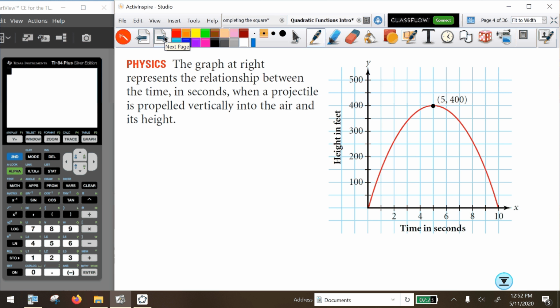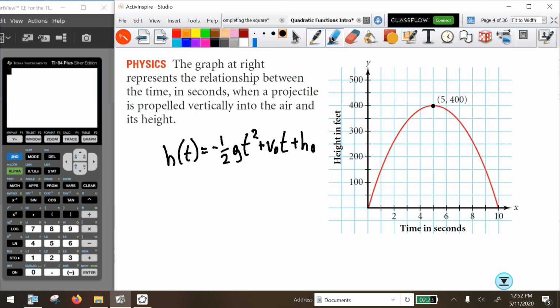So why do we learn this? Well, it just so turns out that an equation in physics for the height of an object according to the time in which it falls is given by this equation here: negative 1/2 times the acceleration due to gravity multiplied by time squared plus the initial velocity multiplied by time plus the initial height.